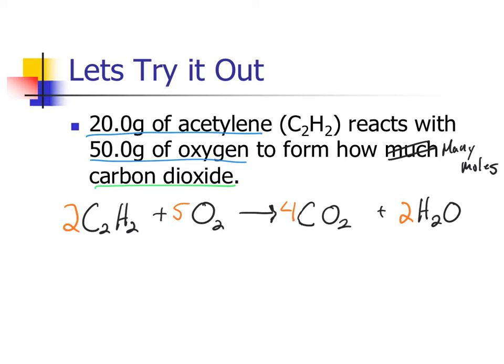So now that I have that, my limiting reactant problem becomes which one is which. And so from there, I might predict and say, well, acetylene obviously is my smaller amount, so therefore it's my limiting reactant. But is it? We don't know yet, and that's what limiting reactant problems do.